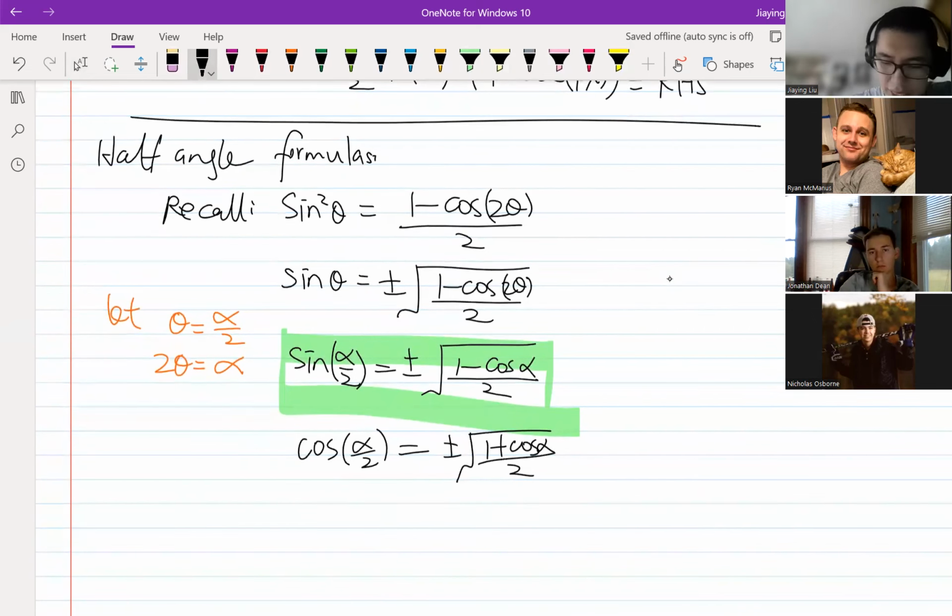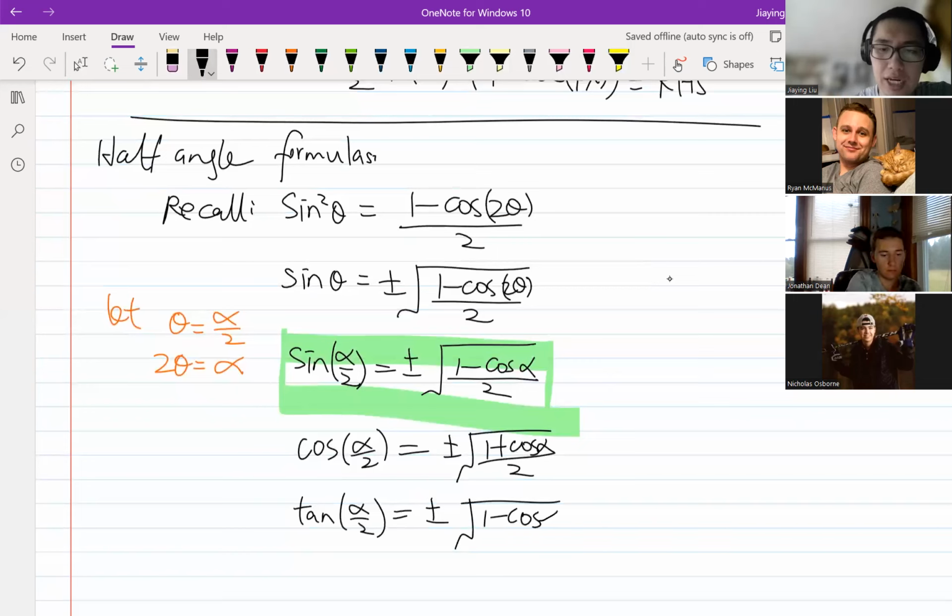And also there's tangent alpha over 2, which is plus minus square root of 1 minus cosine alpha divided by 1 plus cosine alpha. You can think of that as coming from the tangent squared theta formula, taking the square root on both sides and substituting for the angle.